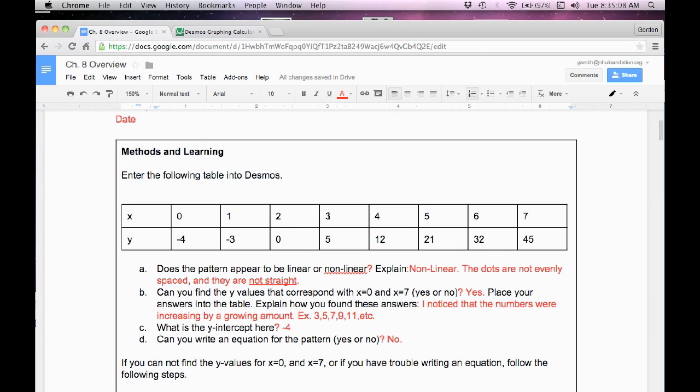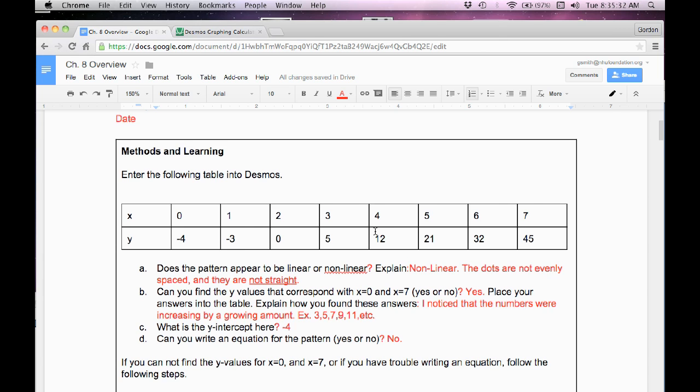Let's see if that continues to work. 3 times 3 is 9. 9 plus -4 is 5. Okay. 4 times 4 is 16. 16 plus -4 is 12. This is making sense. 5 times 5 is 25 plus -4 is 21. 6 times 6 is 36 plus -4 is 32. 7 times 7 is 49 plus -4 is 45.